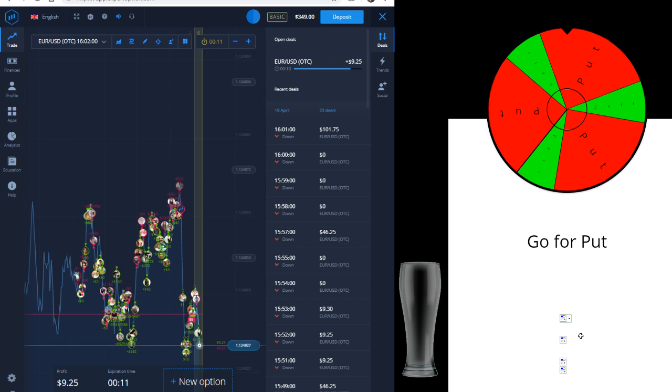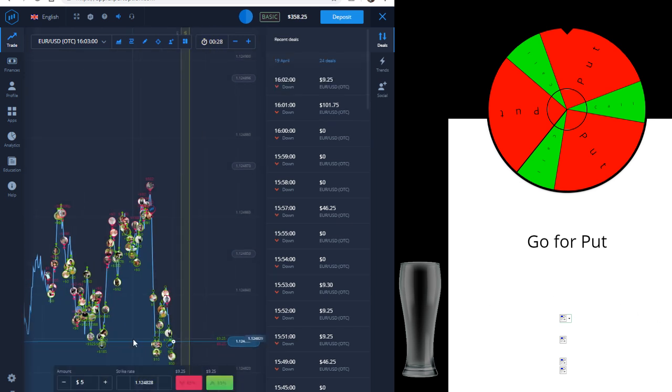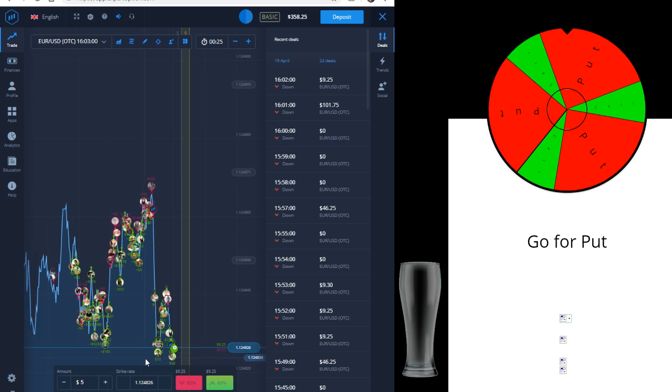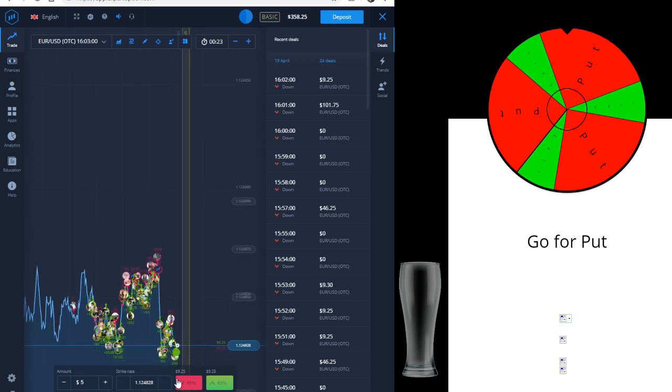I just need to do some calculations here. I'm still doing it, so I can have a better return. So let me see here. I'll just wait for it to go up a bit.